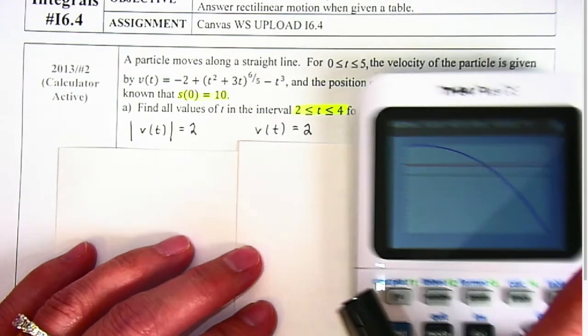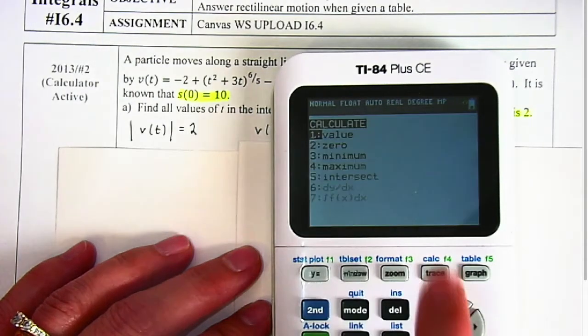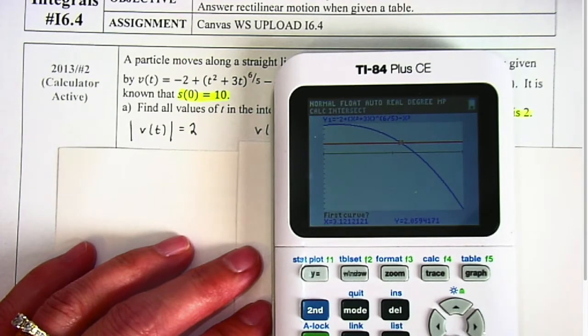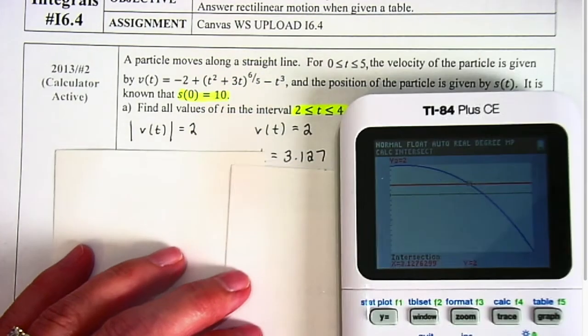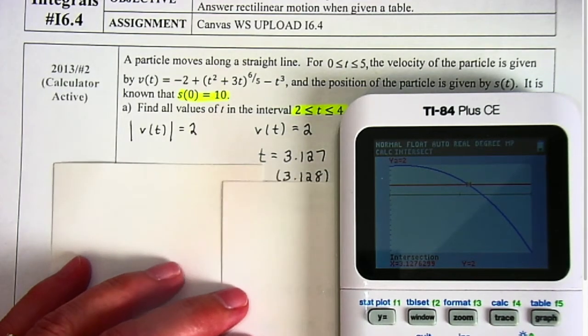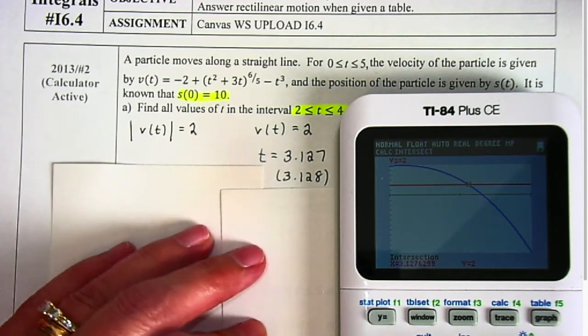To find it on an 84, I hit second, calc. I'm after an intersection point, so number 5 makes sense. First curve, hit enter. Second curve, enter. My guess, hit enter, and it's going to return that intersection point of 3.127. That's the truncated answer. If you want the rounded answer, you could round it to 3.128. Either one would be accepted.